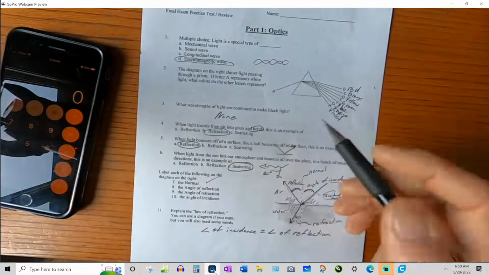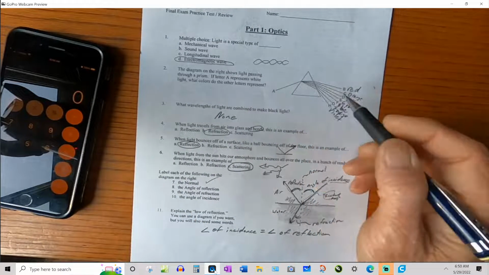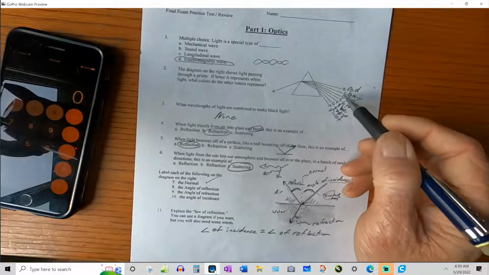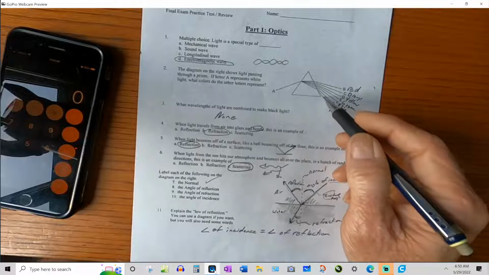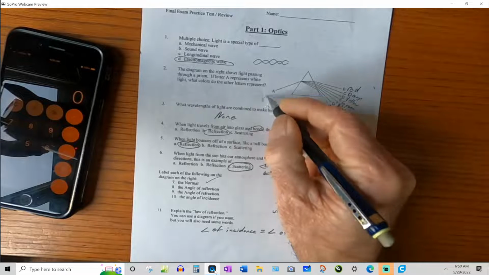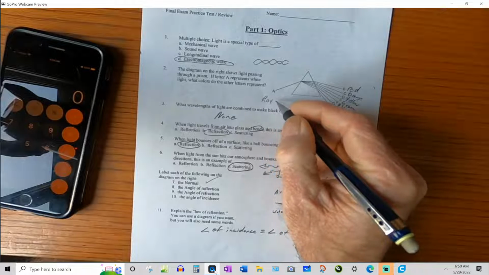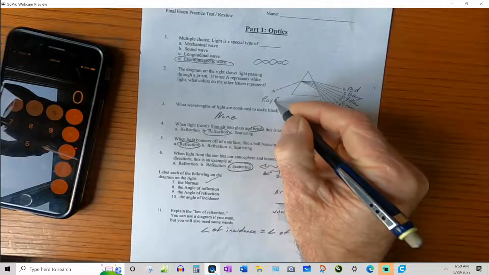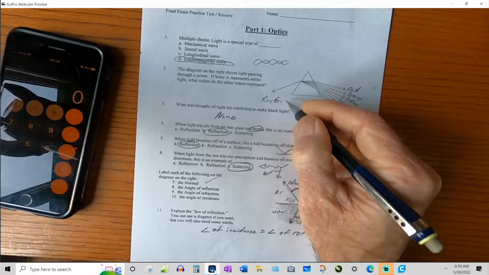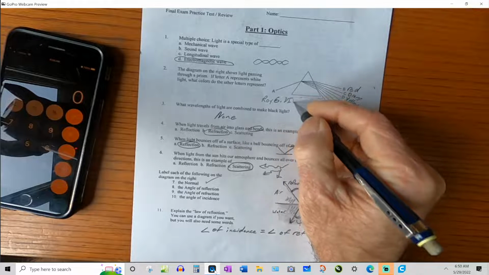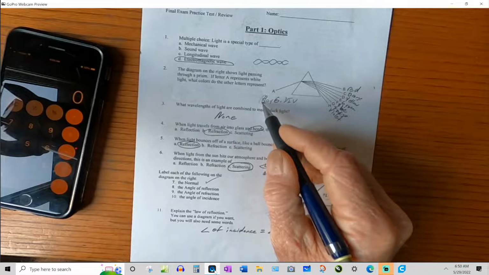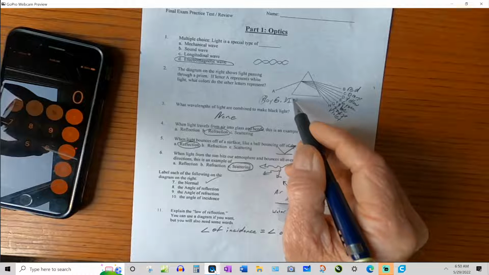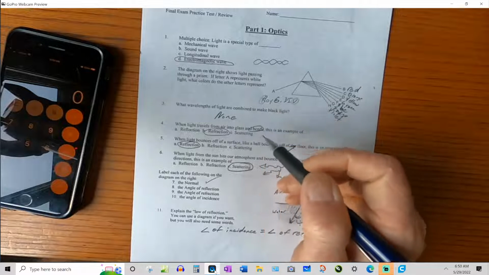All right. This is white light coming into a prism, and you have to be able to match up these letters with the colors. So these are all the colors, all the wavelengths of light from longest wavelength to shortest wavelength, and from least amount of bend to greatest amount of bend when we're talking about refraction.